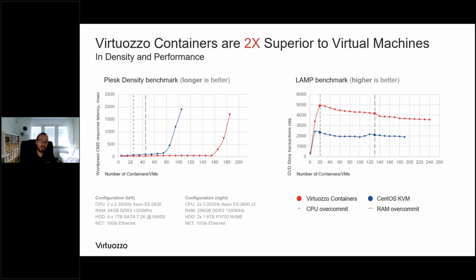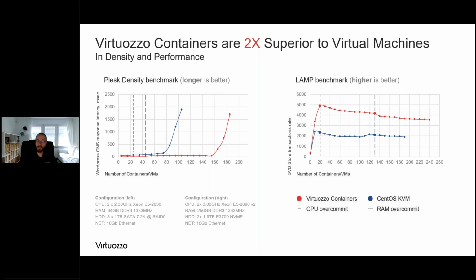And with Plesk, the density is twice that of virtual machines running the same guest operating system, the same set of applications, and the same Plesk installation. This is very important. So density plays a big role. For LAMP, on the other side, performance is also much better.